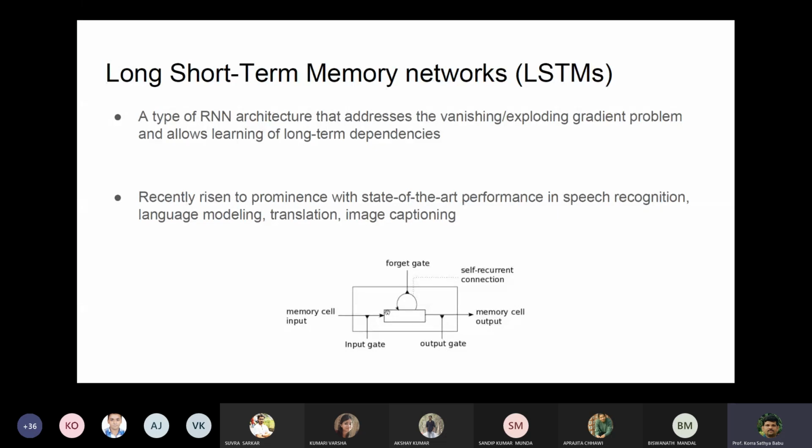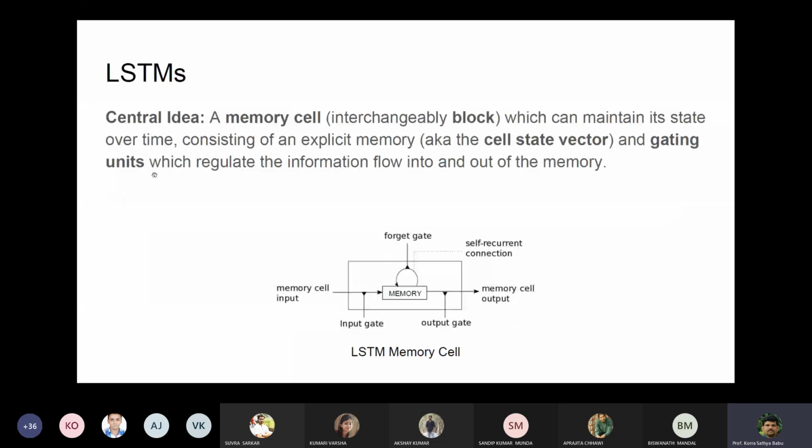So the central idea here is that you should have a memory cell which can maintain its state over time. It should be able to consist of an explicit memory.